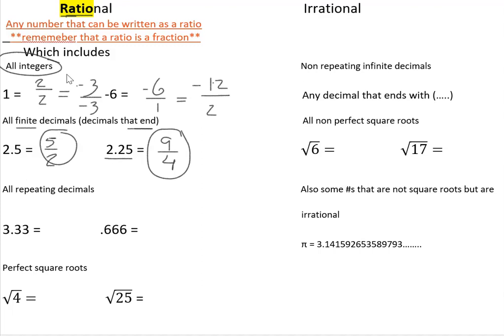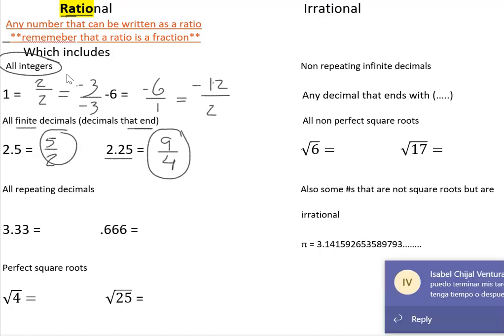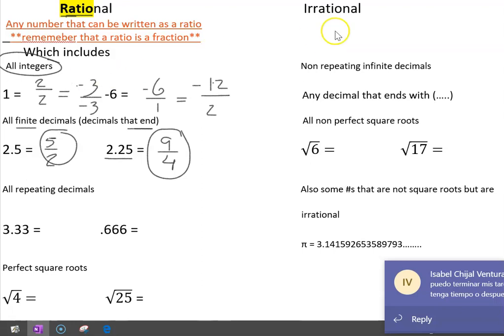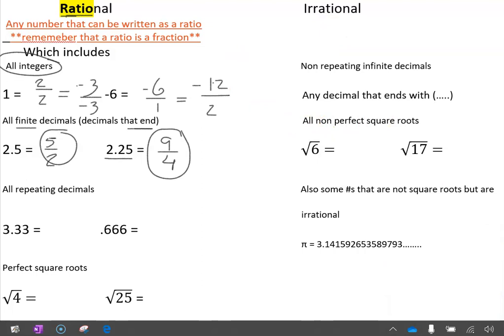Okay? So again, all integers, all ending decimals, also all repeating decimals. Okay?